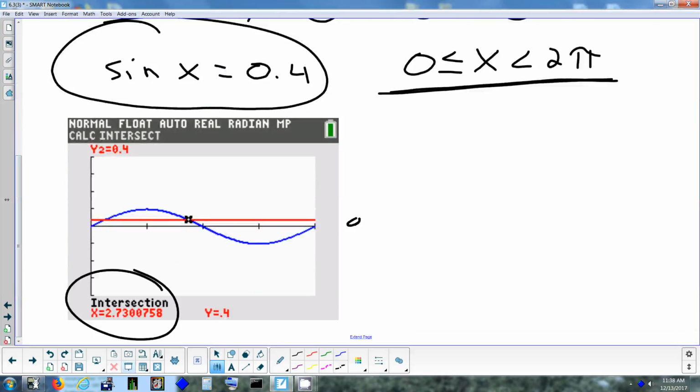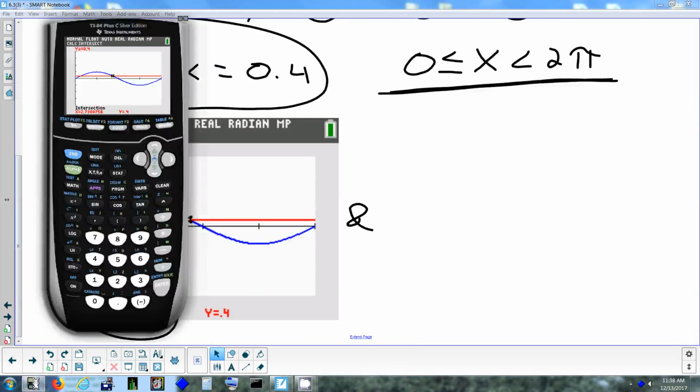And we get one more. Okay, do the intersect again. But this time, how am I going to get the calculator to give me the other one? What do I have to do? I want to keep the window the way it is. I've got to keep it between 0 and 2 pi.